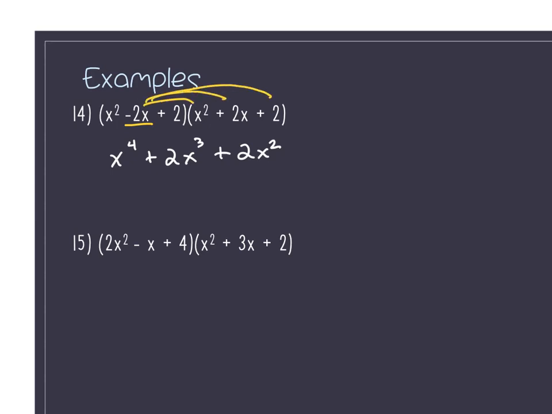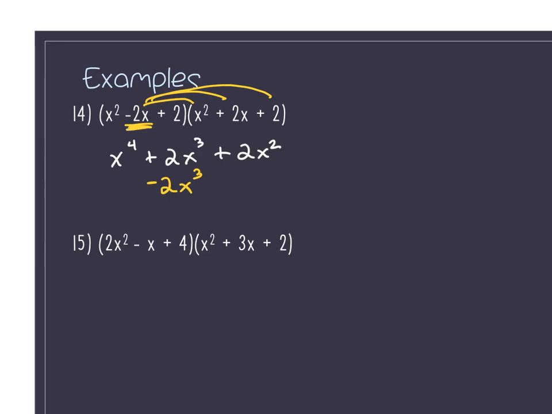Now, you could keep writing your answer here, but instead of writing it all continuous here, I'm going to line them up. So once I distribute that, I get a negative 2x cubed. Notice how now I'm lining up my like terms. It makes it easier in the end.